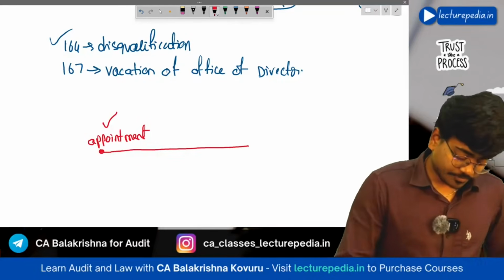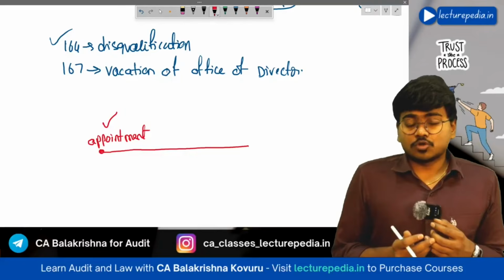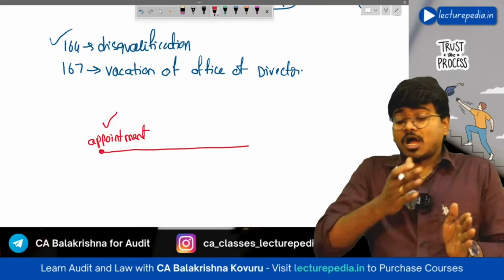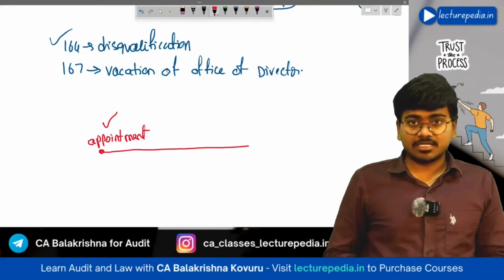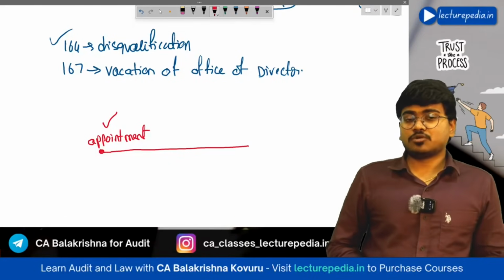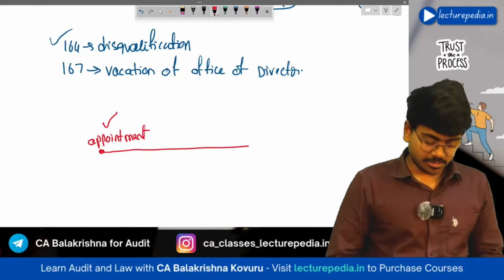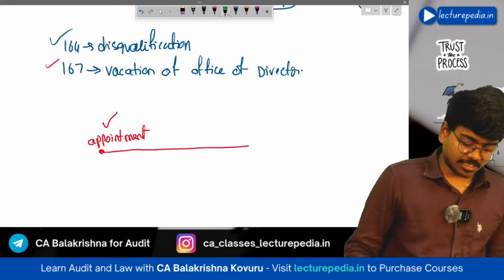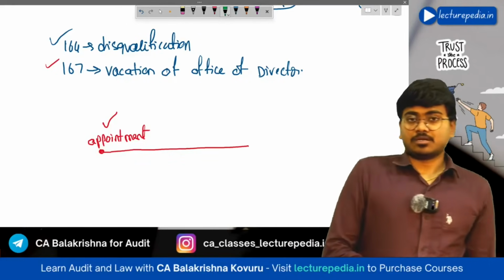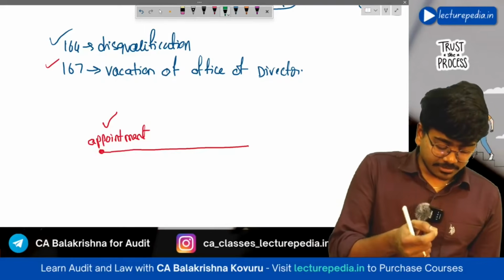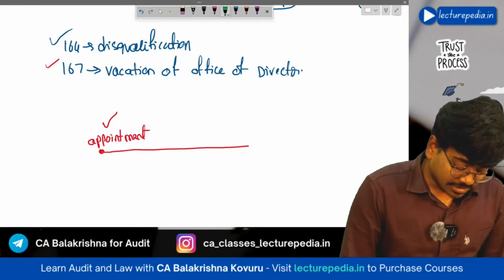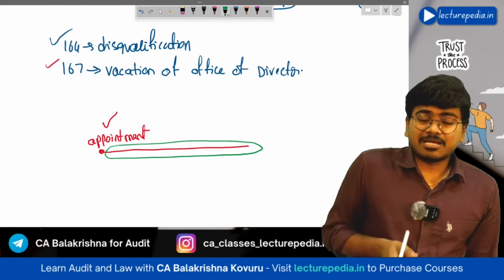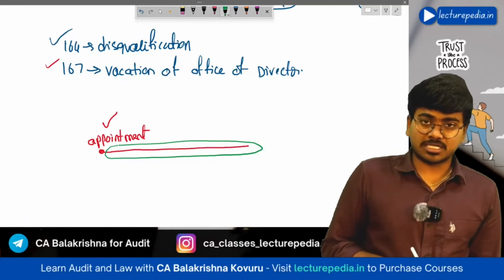So the person should not be disqualified at the time of appointment and even after getting appointed, right? You will check this section 164 disqualification at the two times, whereas for section 167 vacation of office, you need to check the points given in it after the director is appointed. At the time of appointment you need not check those points.